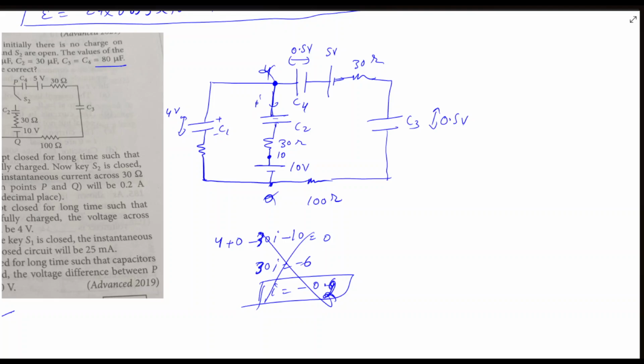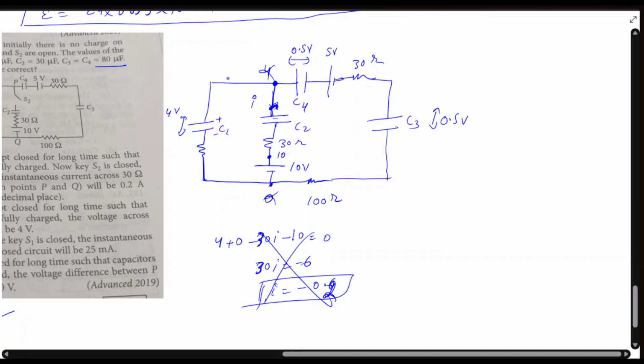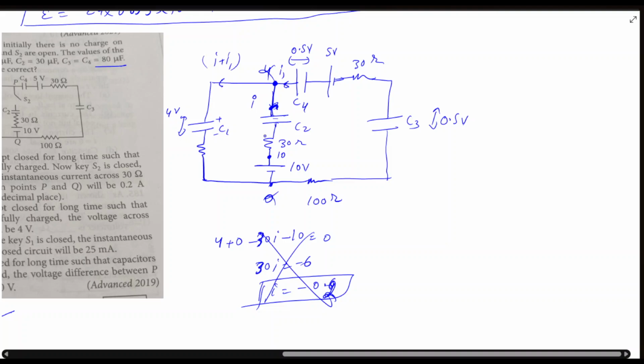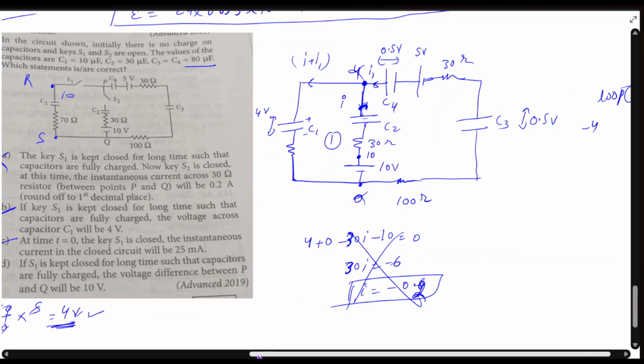So it will be the same. Let's write that the current in this is I, and the current in this is, let's say, I1. So in this it will be I plus I1. Now we'll use Kirchhoff's law in loop 1, anti-clockwise. So it will be potential drop minus 4, and the resistance of this is 70, right?